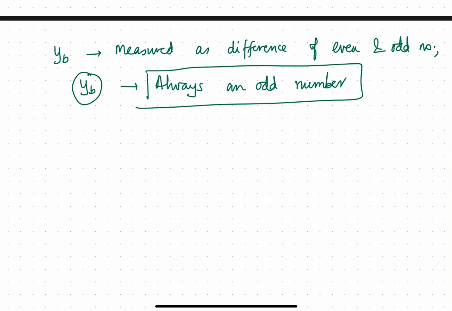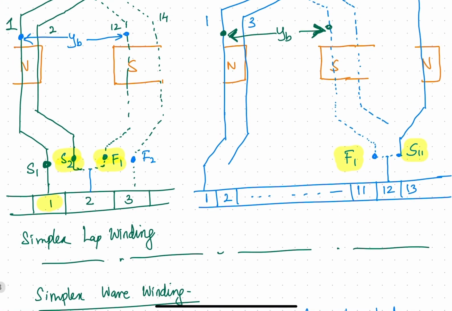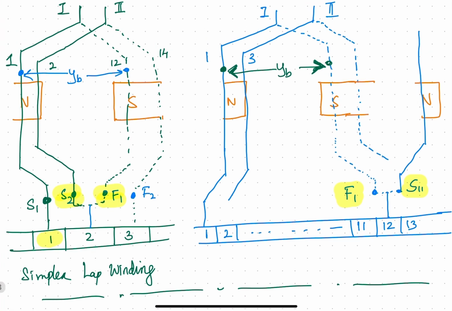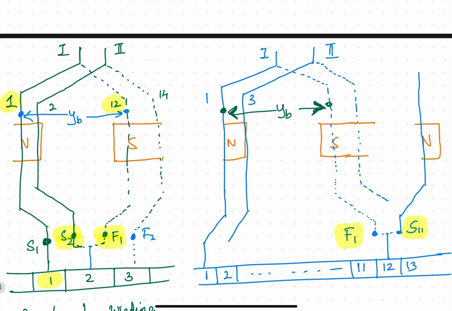Okay, in case of this lap winding, the sides of the coil 1 are 1 and 12. So 1 is an odd number, 12 is an even number. The difference between the two, let me write this here, YB for this winding is equal to 12 minus 1, which is equal to 11.